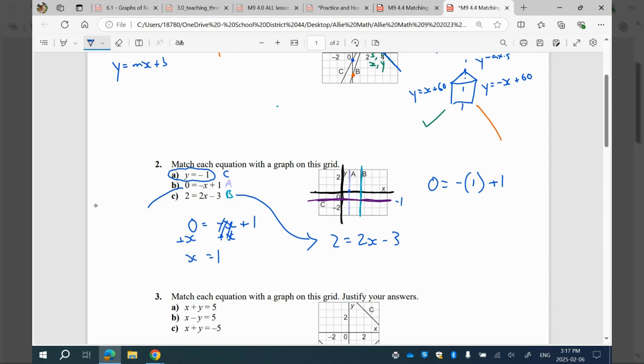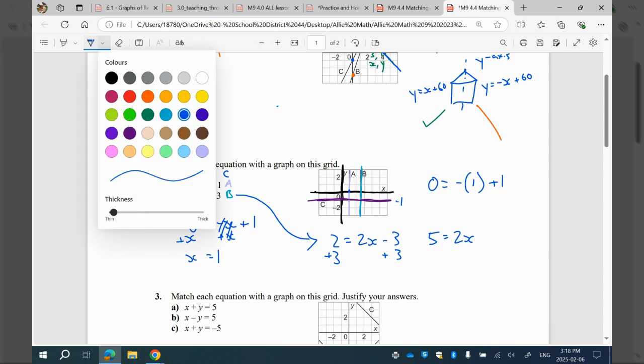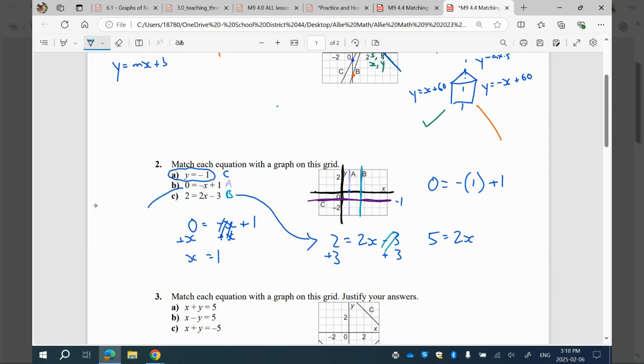We're going to undo the puzzle, doing the opposite of the order of operations. Let's start by adding 3 to each side.